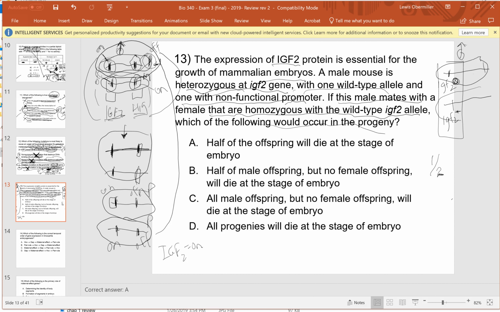The first thing we have to figure out is which IGF2 is from dad and which IGF2 is from mom. So if this IGF2 was from dad, and because it copies whatever dad's is, if it was broken, both of these would be broken, and so this mouse would have no IGF2 and it would be dead. So we know that this one has to come from dad, right?